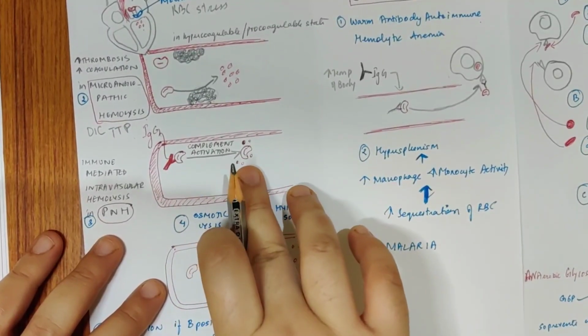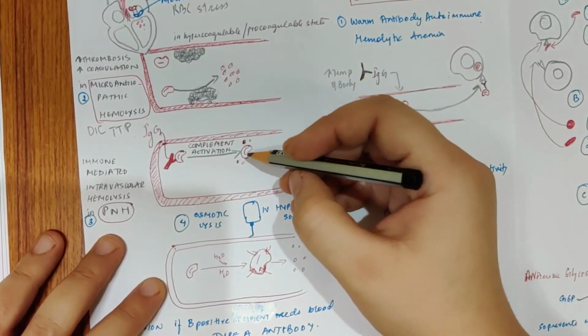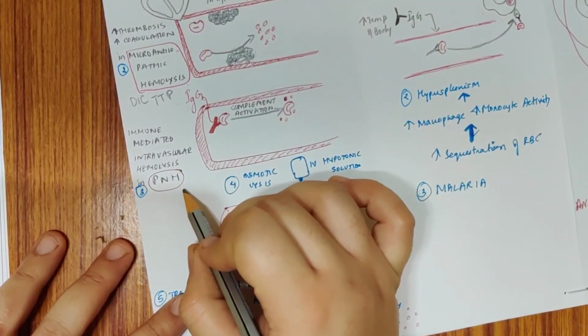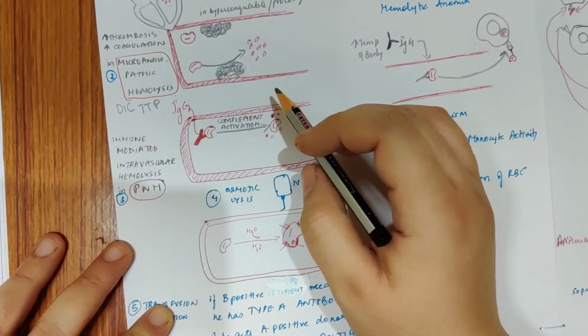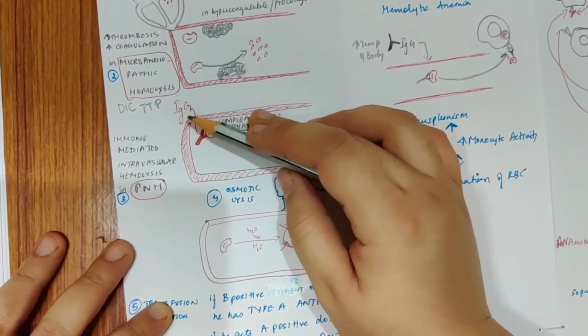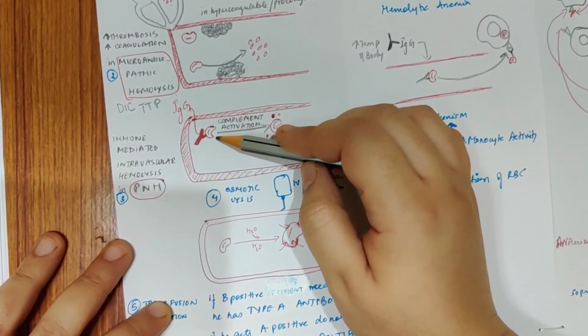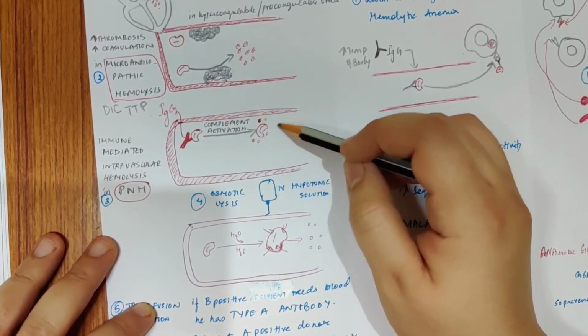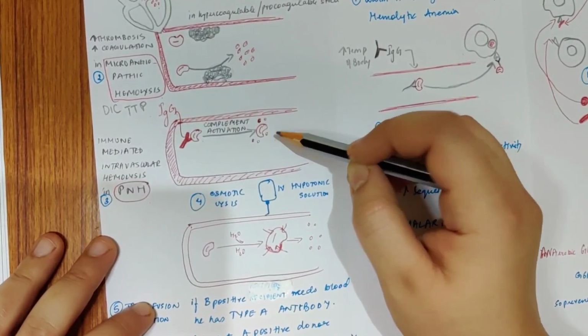Because of this complement activation, your RBCs will start getting destroyed. This is seen in paroxysmal nocturnal hemoglobinuria.